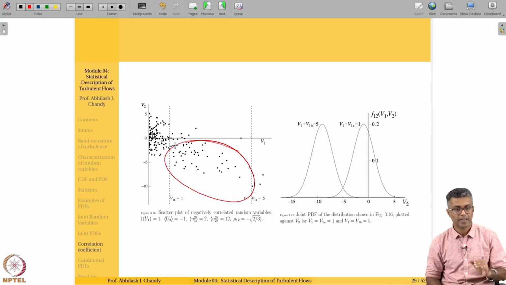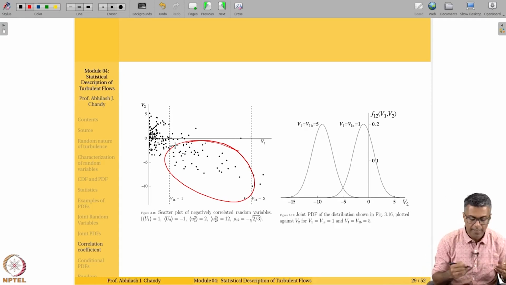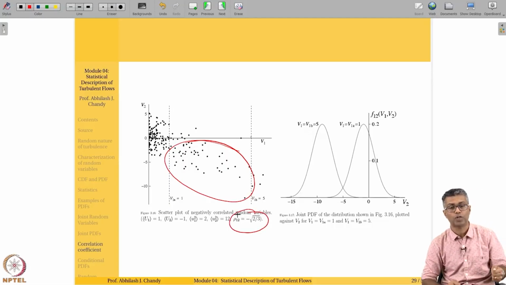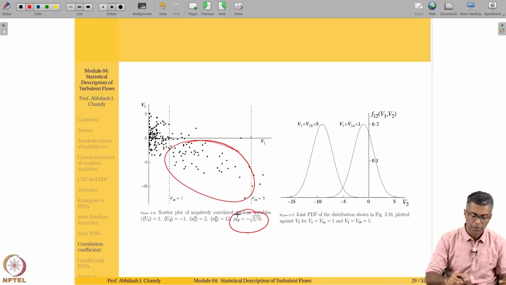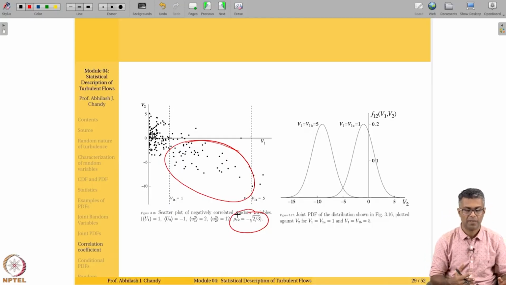So clearly, at least visually, we can say that this is probably negatively correlated. And if you look at the correlation coefficient, rho 12 is negative square root of 2 over 3, indicating that they are negatively correlated. So visually also it seems like that, isn't it?